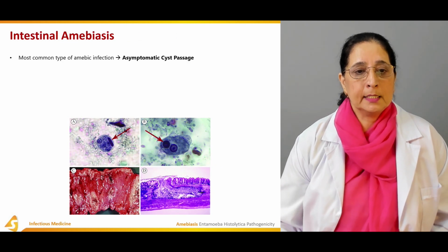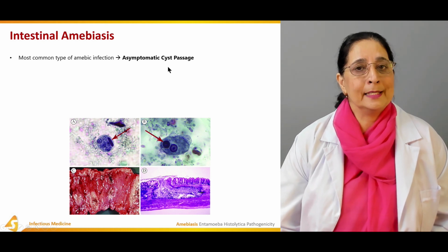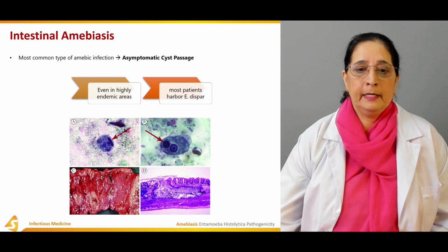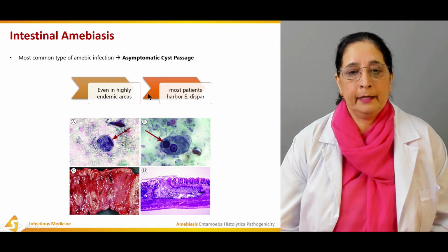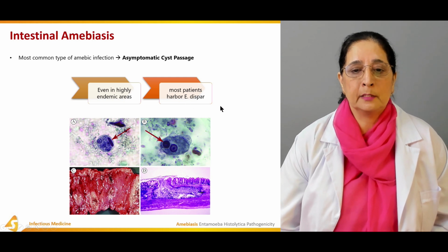Intestinal amebiasis, the most common type of infection, is asymptomatic cyst passage. Even in highly endemic areas, most patients harbor Entamoeba dispar.